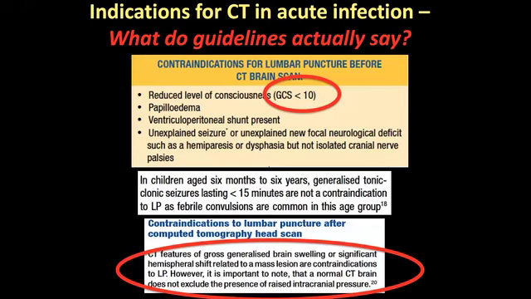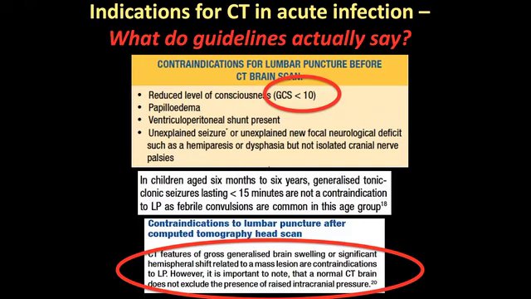So if we look at the indications for CT and acute infection, and this is around the world, and actually look at what our clinicians' guidelines actually say, I think you'd be quite shocked, because it certainly doesn't represent what most of us are getting in daily practice. So whether you look at the British, the UK, the European, the American guidelines, in most of the clinical guidelines for clinicians that they read, the contraindications for lumbar puncture before CT brain refer to a Glasgow Coma Scale of less than 10.